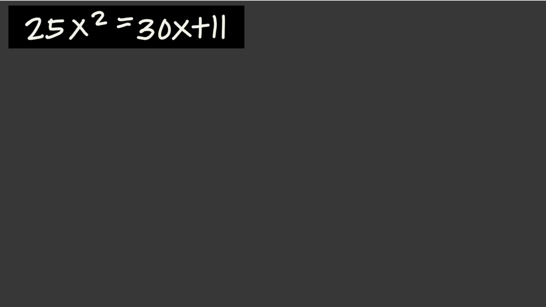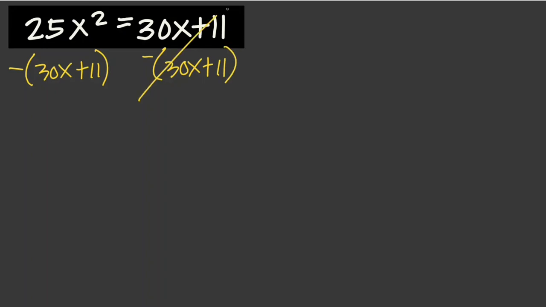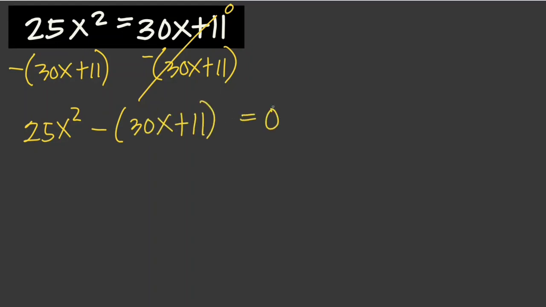So we can subtract 30x plus 11 to both sides. So that is 25x squared minus 30x plus 11, and then the right side, minus 30x plus 11. So this one is equal to 0. So this would be 25x squared minus 30x plus 11 equals 0.